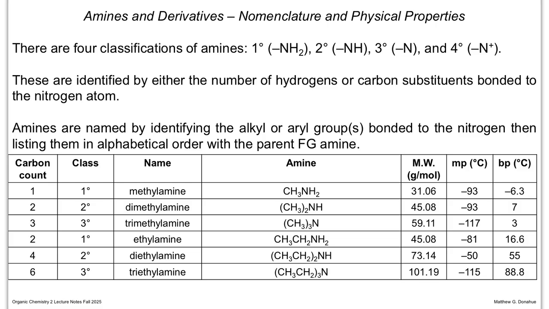So amines have 4 classes. Remember, alcohols only have 3. Amines can be primary, secondary, tertiary, or quaternary. The difference is you're looking at the number of carbon substituents now bonded to the nitrogen.